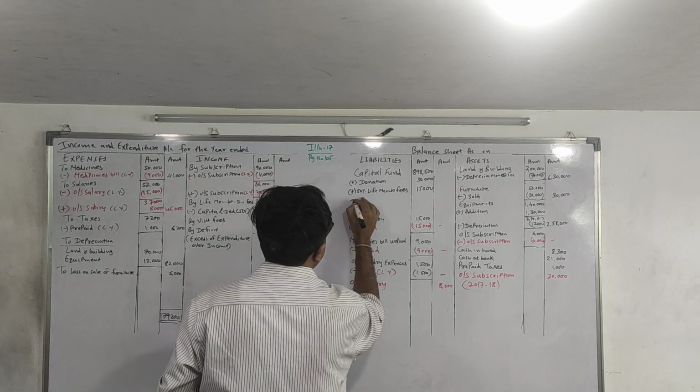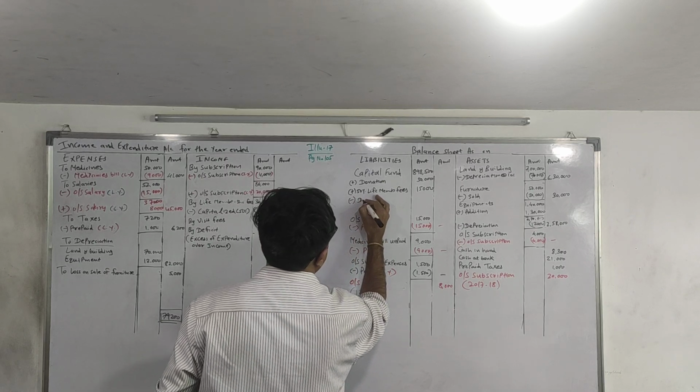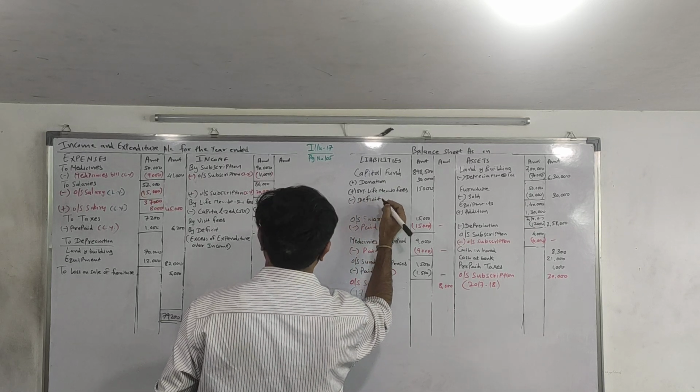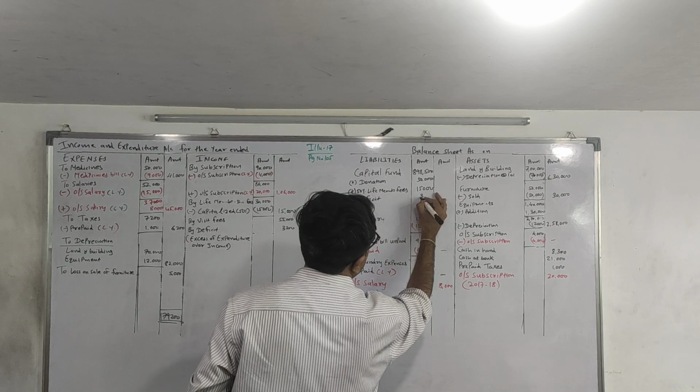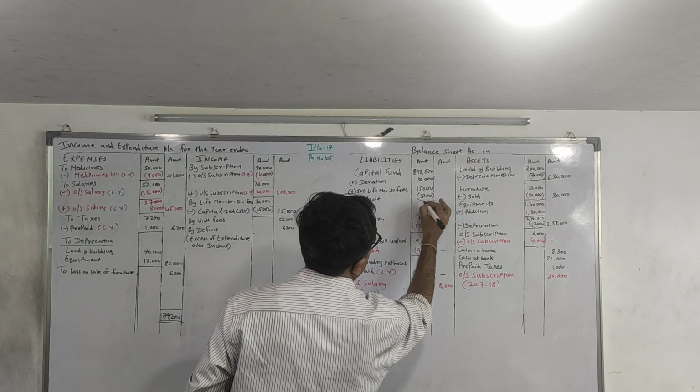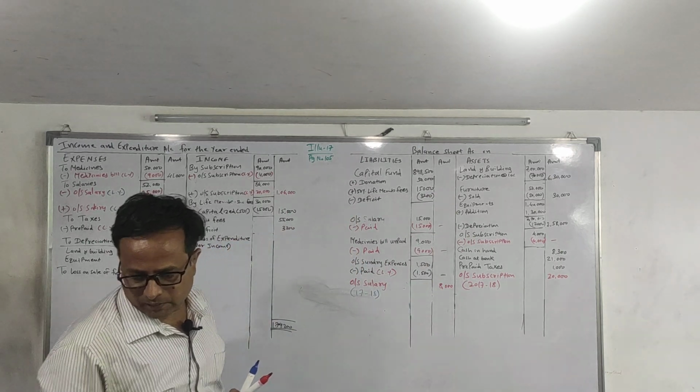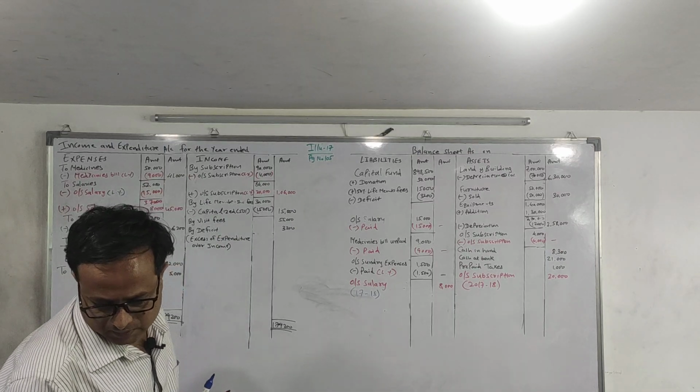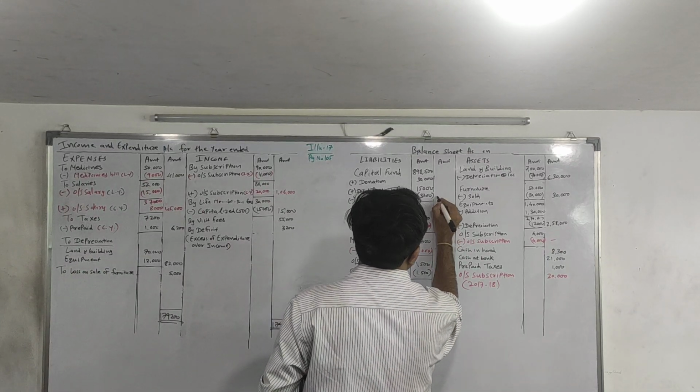So a deficit is there, so we have to reduce it from our capital fund. Deficit amount is 3,200. So total capital fund will be 9,60,300.